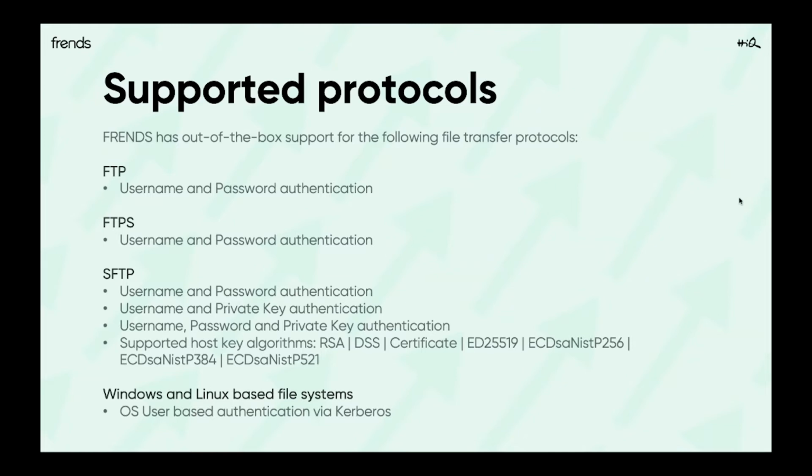We also support Windows and Linux-based file systems, so we are able to stage files from one file share to another. So that is also possible. Not only FTP, SFTP, or FTPS, we also support file directory staging areas and also streaming services.